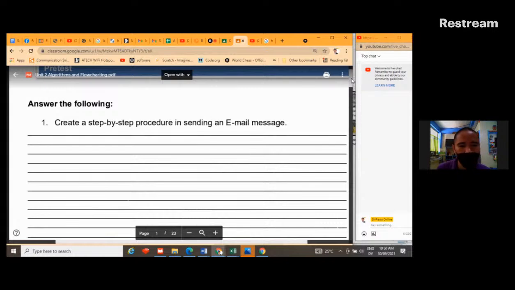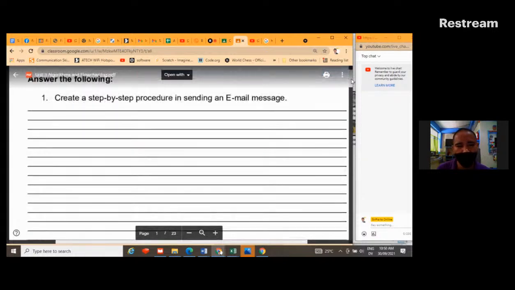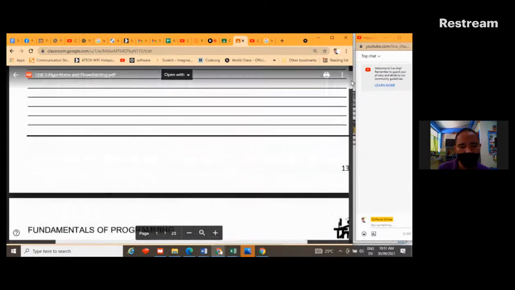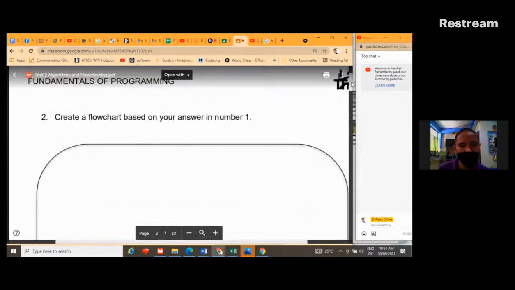So there you go. You're going to create a step-by-step procedure in sending an email message. So you already have your Gmail, your Google Mail, and probably you're gonna list the steps there. This is somewhat like you're going to create an algorithm for sending an email message. After that, you're going to create a flowchart based on your answer in number one.